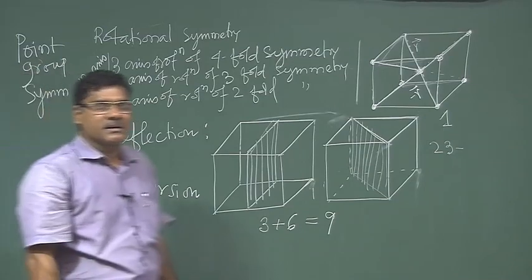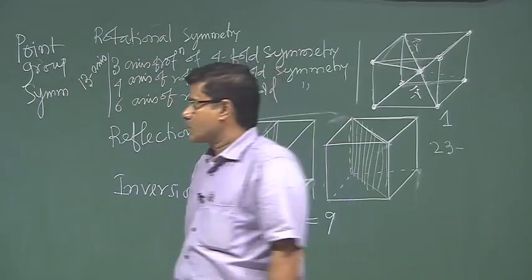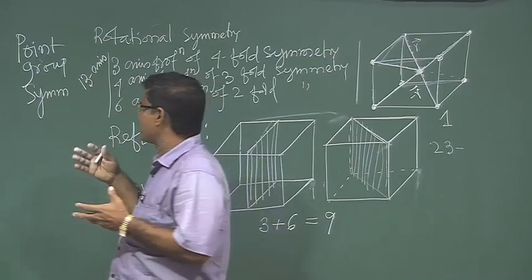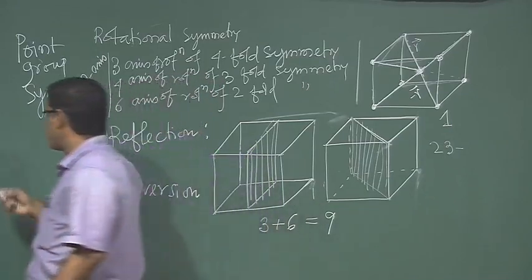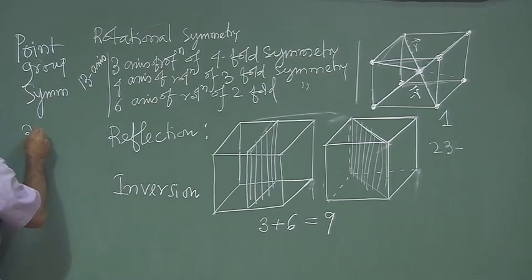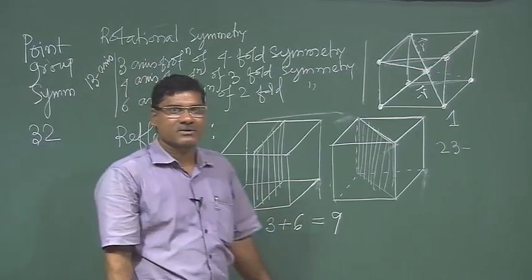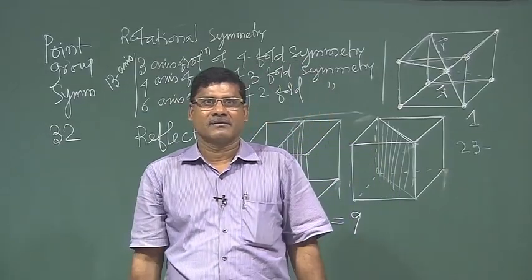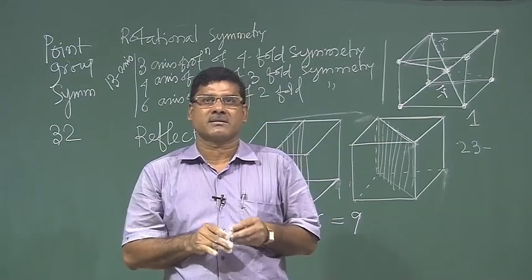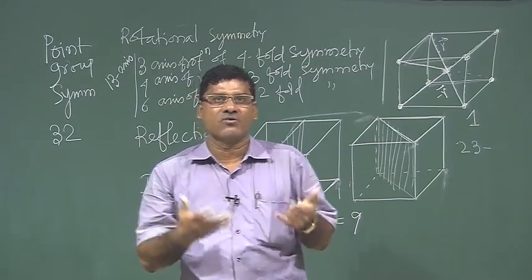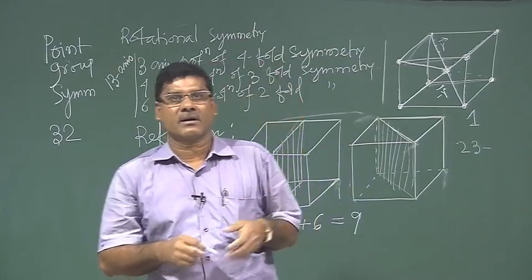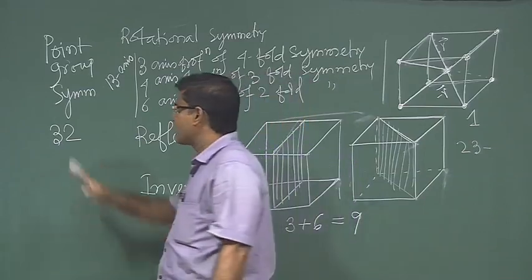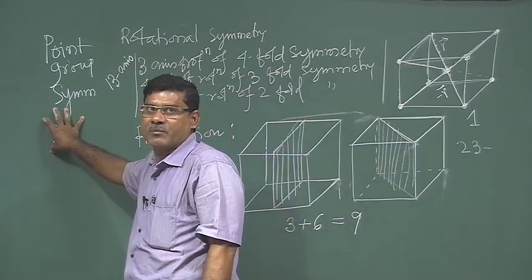The total number of point group symmetries is 32. One can show that there are only 32 point group symmetries, and all crystals, whatever the structure, either cubic or hexagonal or tetragonal, will show only these 32 types of point group symmetry.